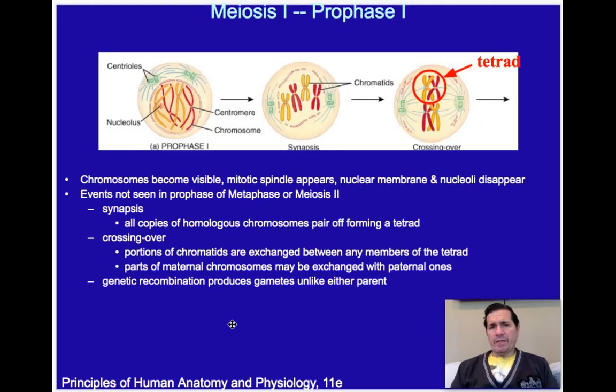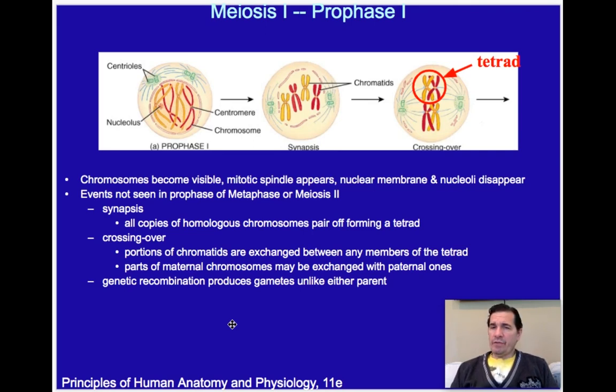One of the things that we see, meiosis in comparison to mitosis, which is important to understand, is that it goes through the same phases of mitosis. So we have prophase, metaphase, anaphase, and telophase.